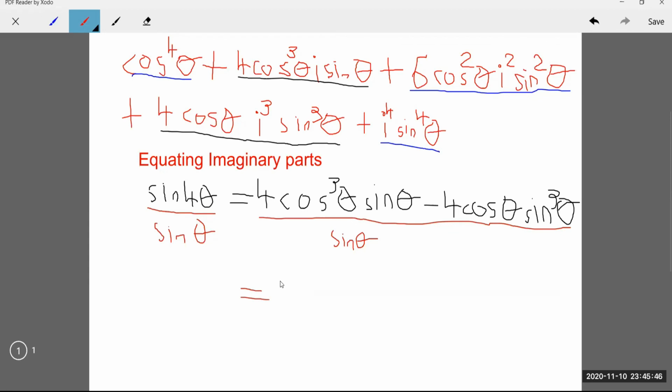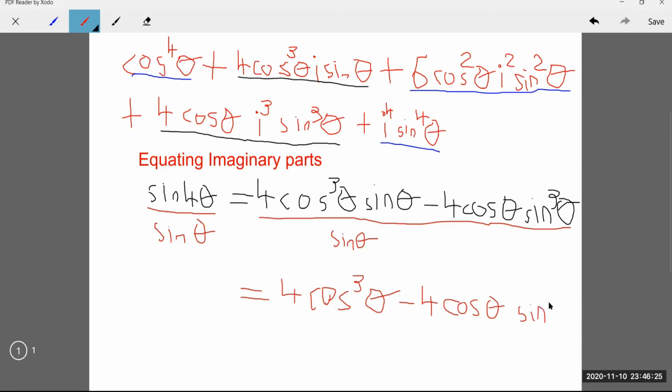Sine cube divided by sine just leaves sine square, so we're left with 4 cos theta times sine square theta.